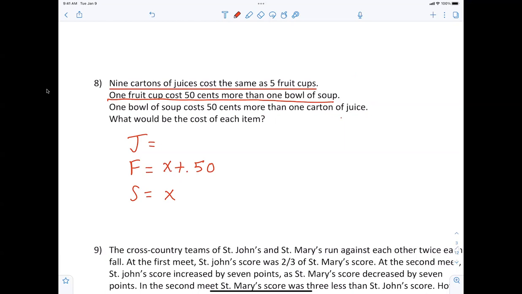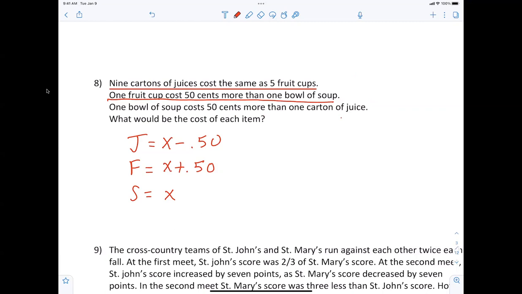Thank you for knowing that. X minus 50 cents. Right? Because we have the relationship. X has already been defined as the soup. We all agreeing with that, right? So if the soup costs more than the juice, the juice costs less than the soup. We happy with that? Who said no?